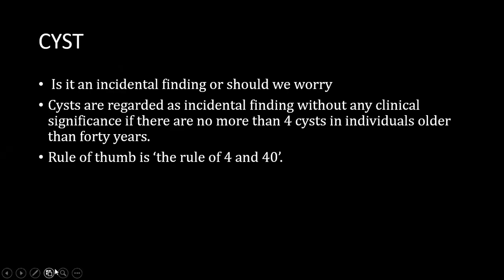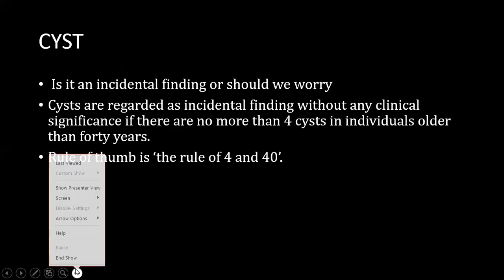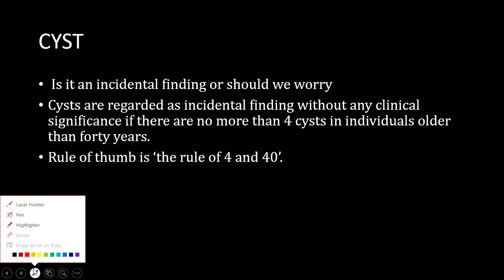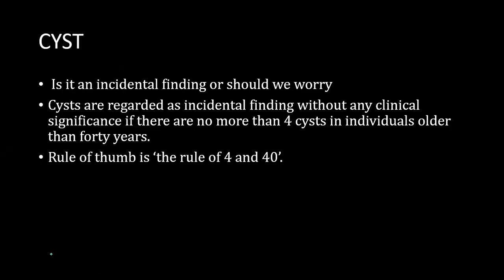Before any reporting, you first have to know whether the cyst is normal or abnormal. Sometimes cysts can be seen as an incidental finding, and in those cases you don't need to worry. You can label the cyst as an incidental finding if the number is less than 4 and it is usually seen in patients 40 or above.